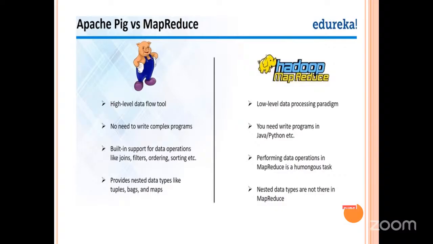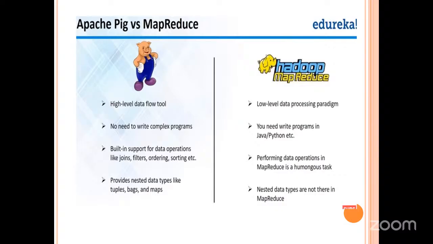Now what do you mean by joins? In DBMS we have joins. What are the different types of joins? How many joins are there? What are the different types of joins in DBMS?